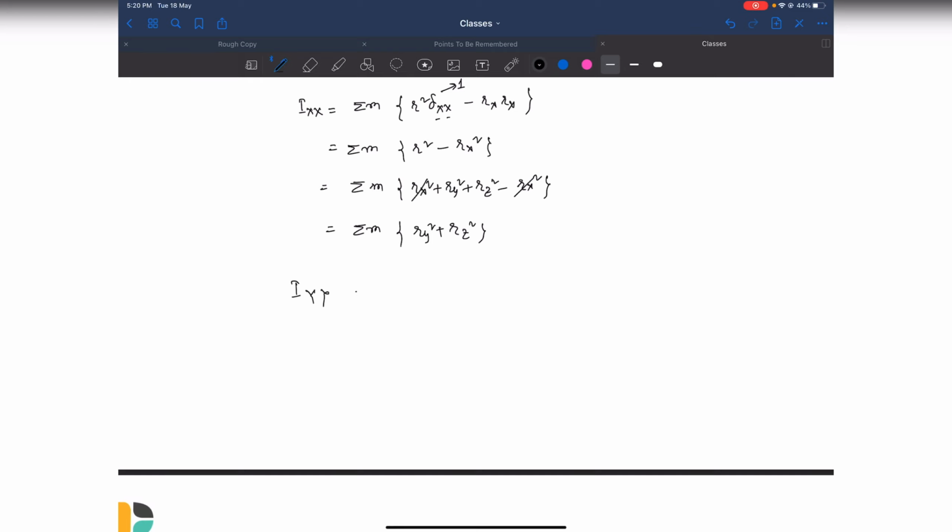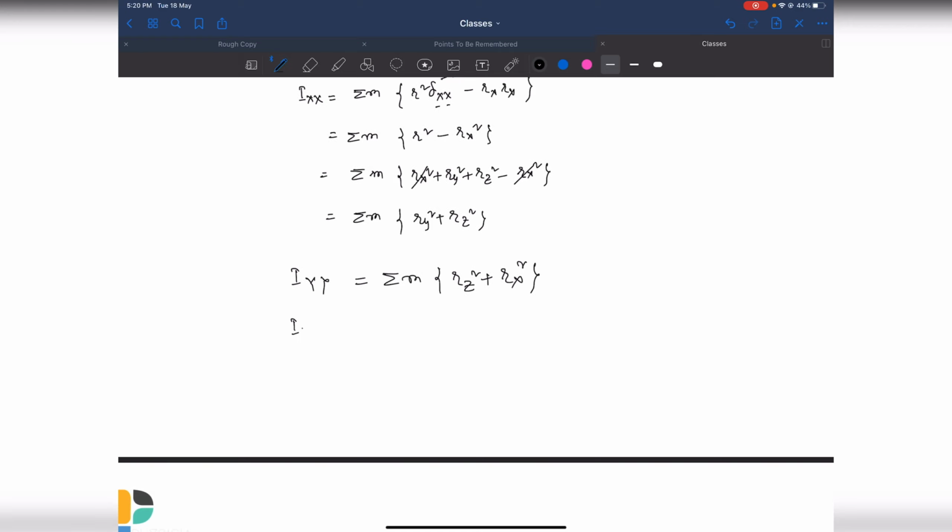Iyy can be written as summation of m r_z squared plus r_x squared, and Izz can be written as summation of m r_x squared plus r_y squared.